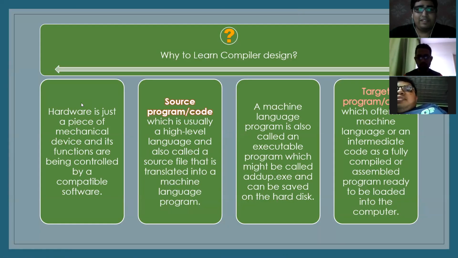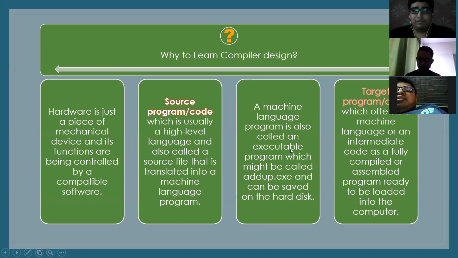Why do we need to learn about compiler design? It is because of the hardware. It is used to control mechanical devices or functions in compilable software like C++ or Java, and that is an example of compiling programming. The program is called a high level language, also called a source file, which is saved in the translation of machine language programming.